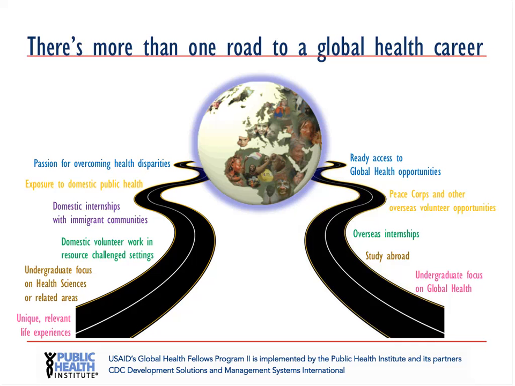They may have an overseas internship and then go to Peace Corps. And that really sets them up for a good position in global health. But not everybody has that opportunity because going overseas for internships and going overseas for unpaid volunteer experiences, not everybody has that economic privilege.